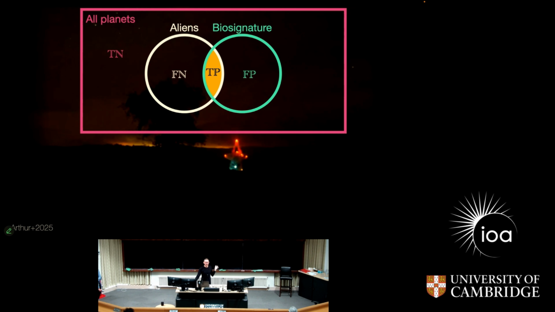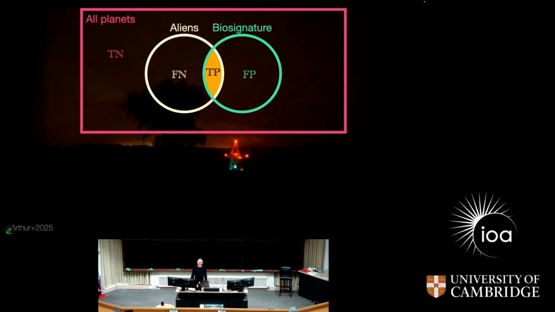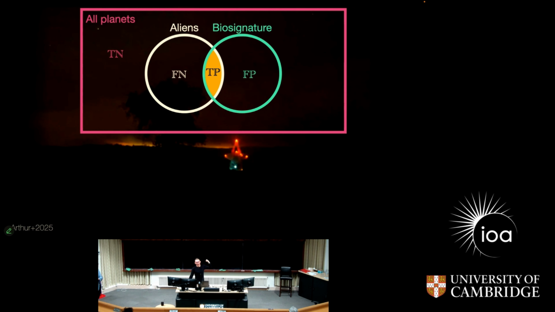Going back to phosphine as well, phosphine was something in an Earth-like context we thought would have a very low false positive rate. So depending on your choice of biosignature or your mix of biosignatures, you can in principle move that circle around and have greater precision, diminish your false positive rate. Thank you.